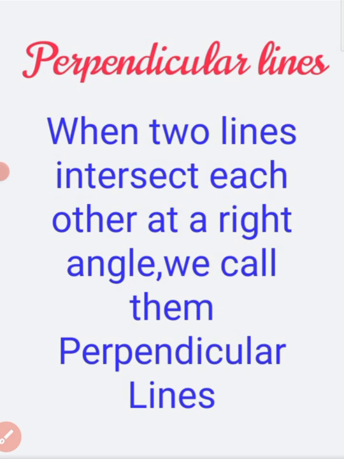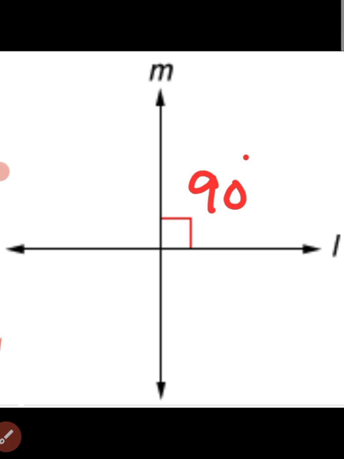For example, see here line L and line M. These two lines are intersecting at one point. We can say these are an example of intersecting lines. But how are they intersecting? By making a 90 degrees angle between them.